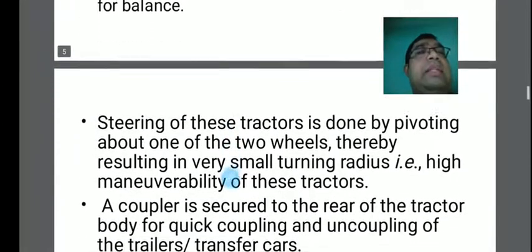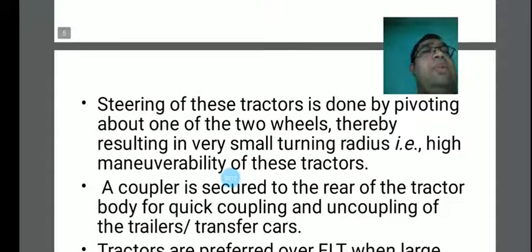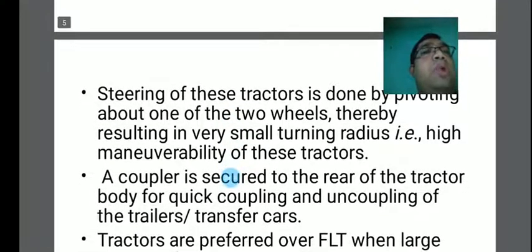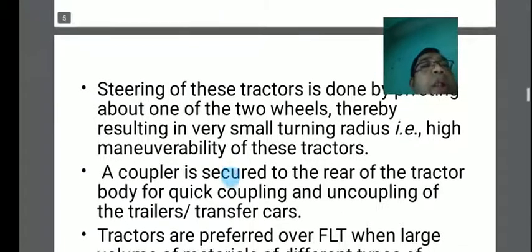Another thing is that the steering of this tractor is done by pivoting about one of the two wheels, thereby resulting in a very small turning radius.